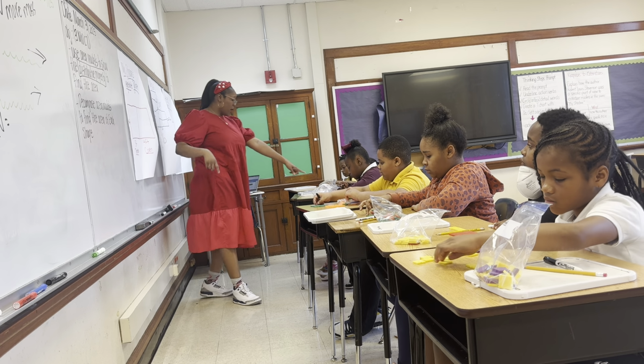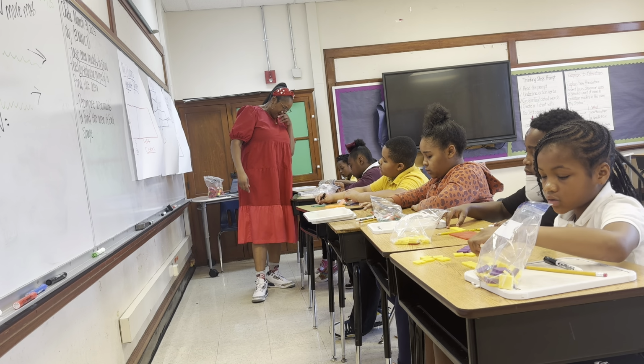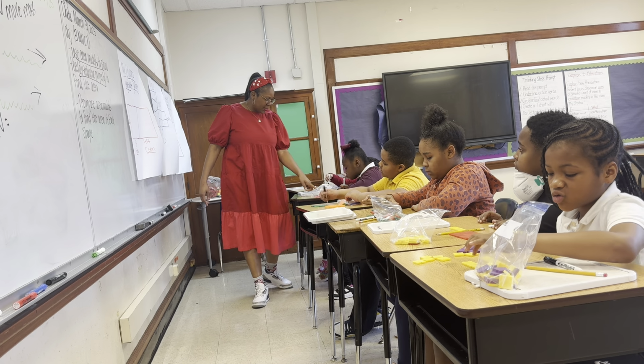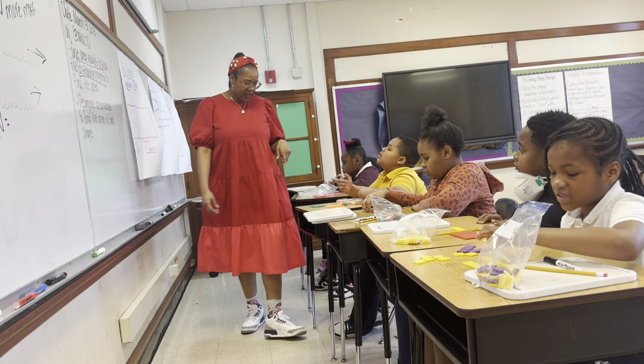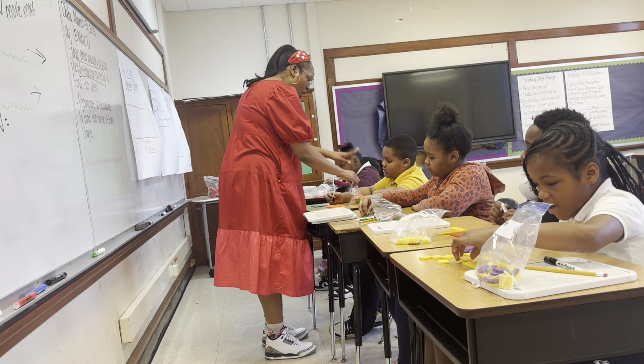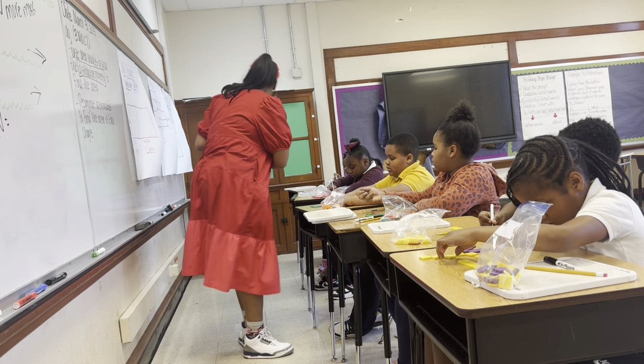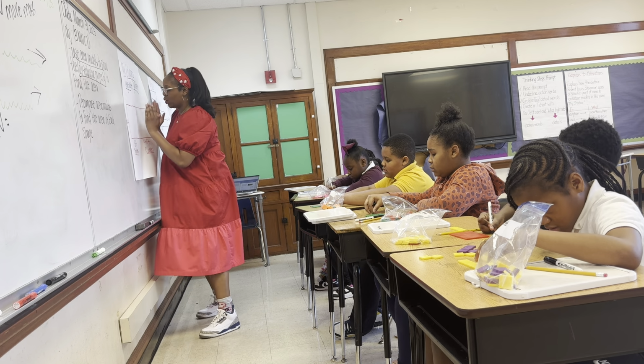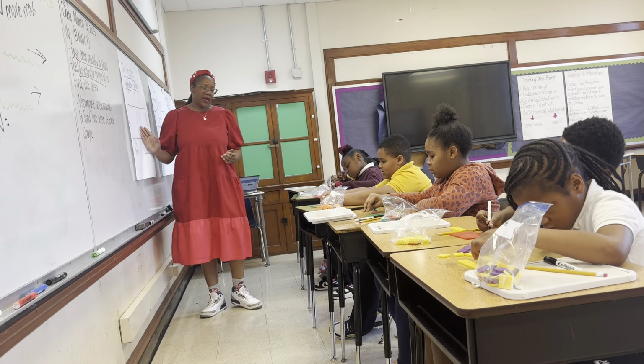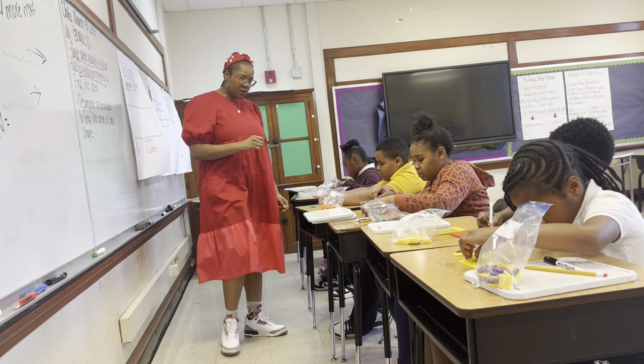All right, take your marker, label your side lengths. Pause. I want these right next to each other. So I want the tomatoes and the corn. Nothing needs to be separated. They need to be right next to each other.